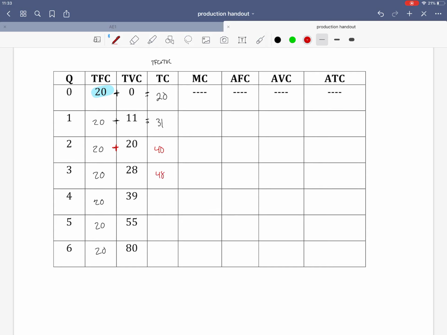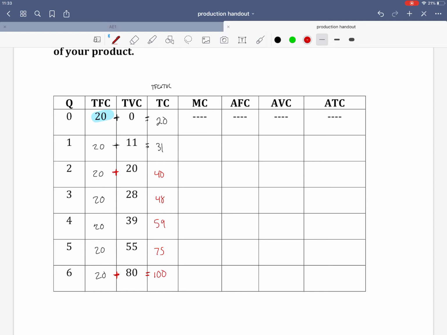We'll have 48, 59, 75, and then once again 20 plus 80 is going to give us 100. So we have our total costs, once again just the sum of all of our costs, both fixed and variable.